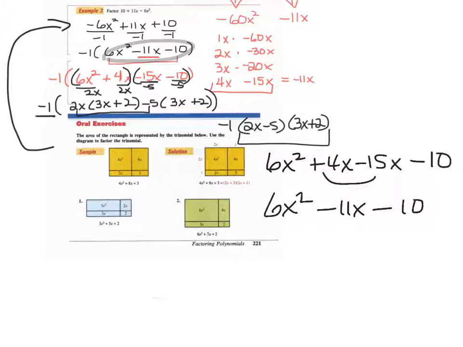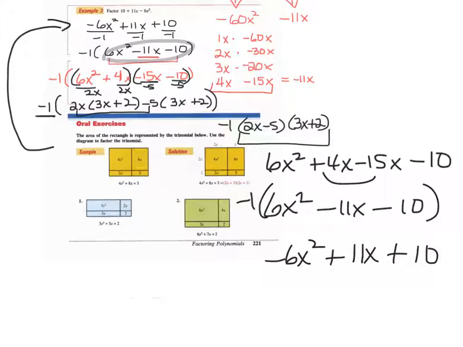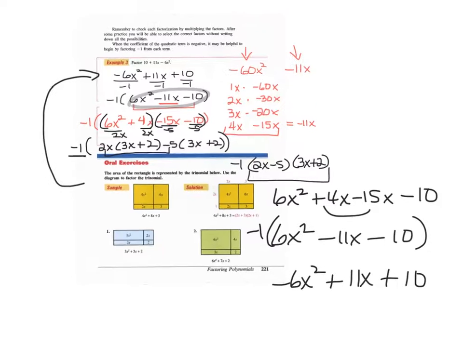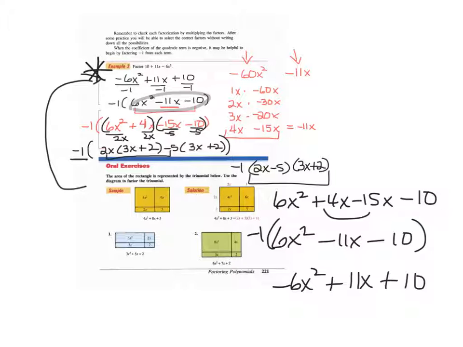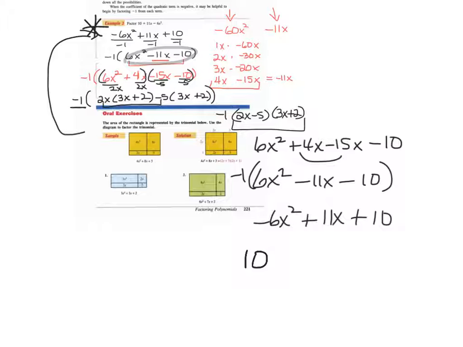And then now if I distribute the -1, I get -6x squared plus 11x plus 10, which is what I had right here. And even if I rearrange it and put it back to the 10, the 11, and this, it looks the same.